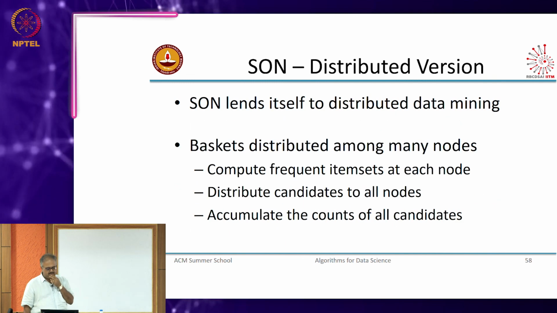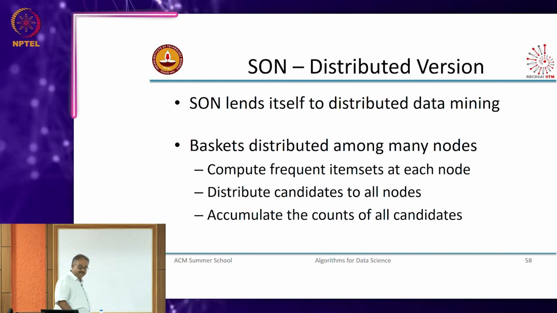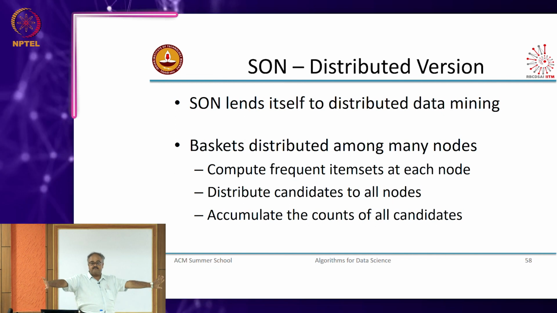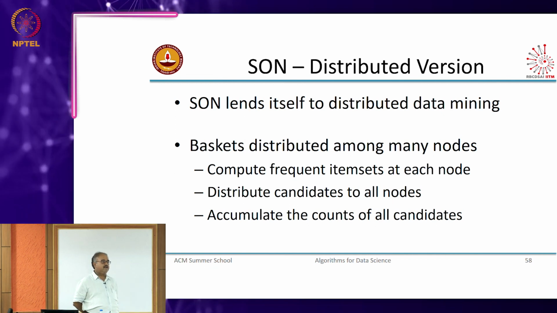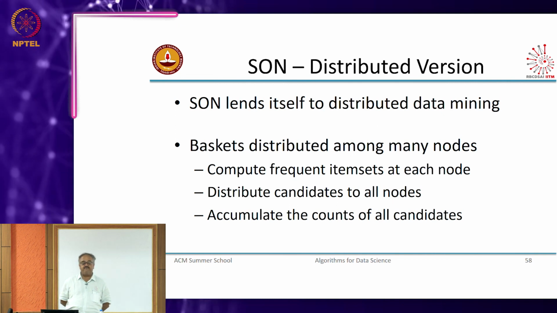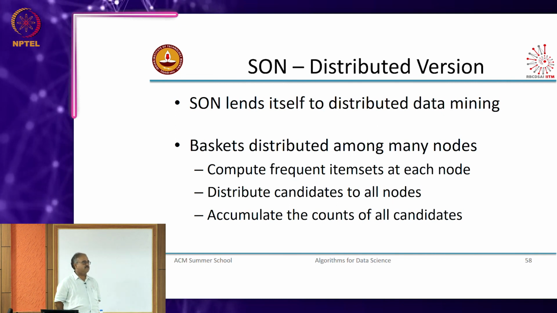Only downside here, right? And an even more amazing thing with SON is that you can actually run it in a distributed fashion. I know that you guys didn't do any MapReduce, but it lends itself very nicely to this kind of distributed processing.